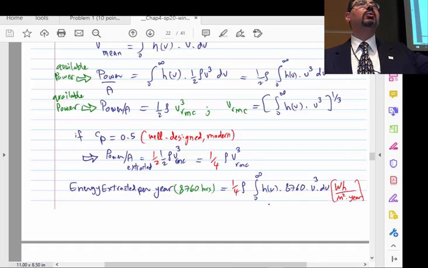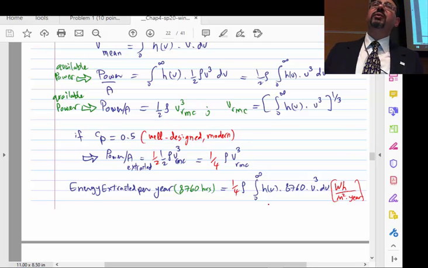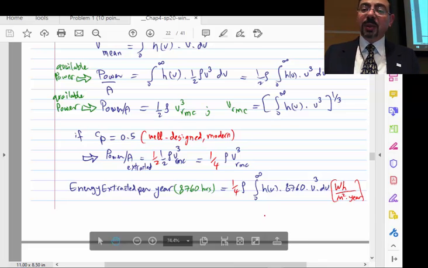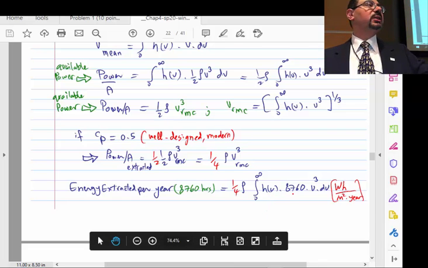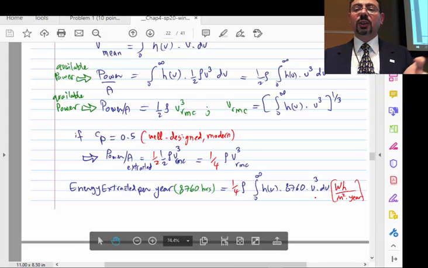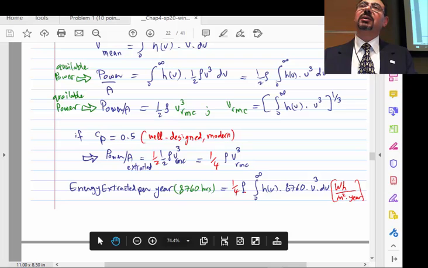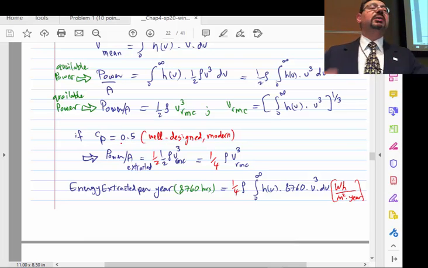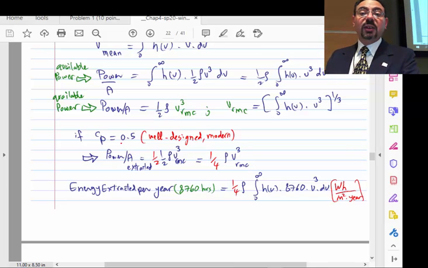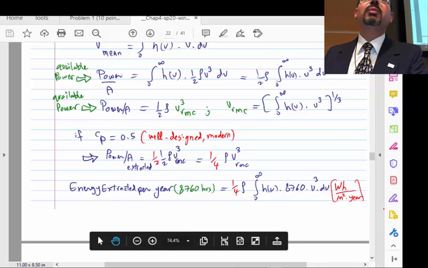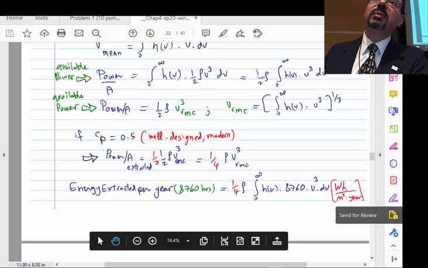It stays from 0 to 1 and 1 to 2 and 2 to 3 and 3 to 4 all the way to infinity. So multiplying that HV, which is kind of a fraction, times the total 8760, that would be the hours, times the V cubed, that is the power output. It's not V cubed, it's the quarter, because he's assuming basically CP 0.5. So this slide is basically trying to tell you that if you have the function HV, you'll be able to calculate the power output immediately from the integration.